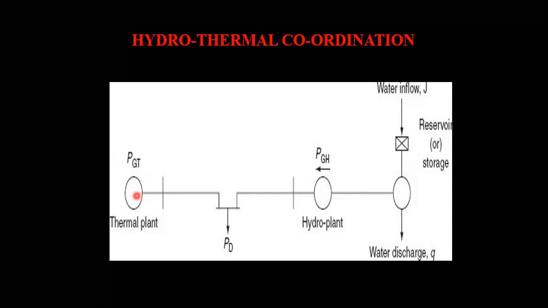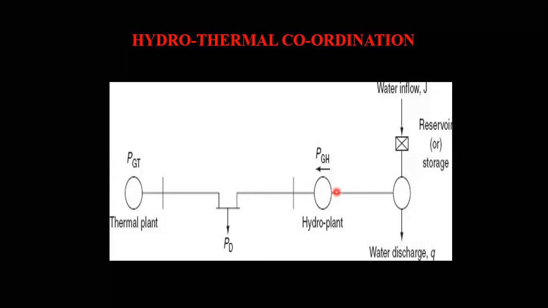Similarly, we need to consider the constraint also. So that's why we have written our Lagrangian function equals objective function plus lambda into constraint. We have the objective function, and similarly the constraint is also there in a thermal power plant. But when you are considering only a hydro power plant, there is no objective here because your fuel cost is 0 or negligible. So there is no question of optimal scheduling.